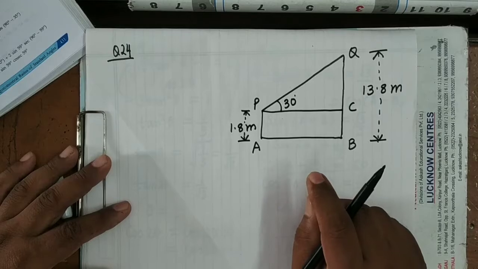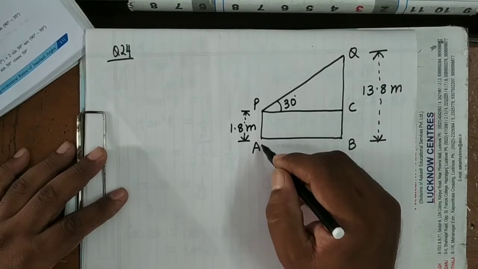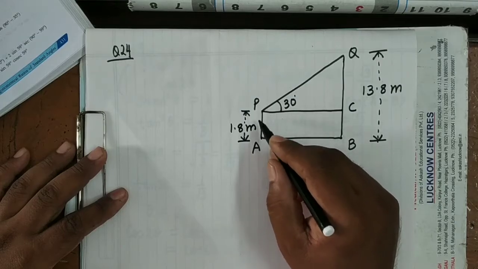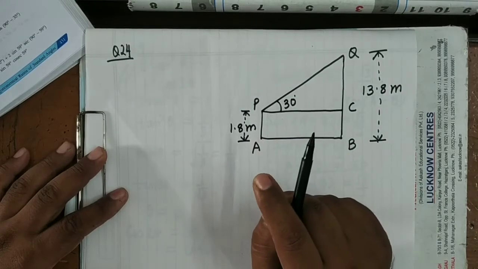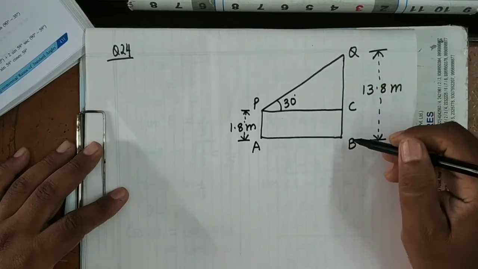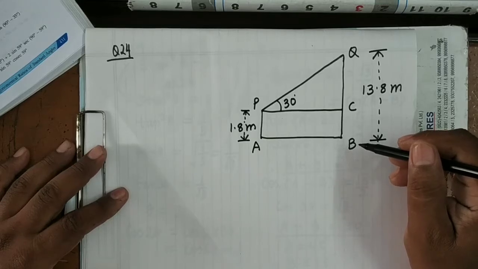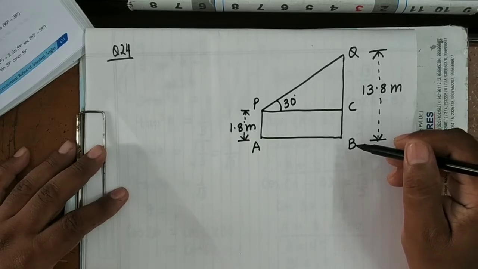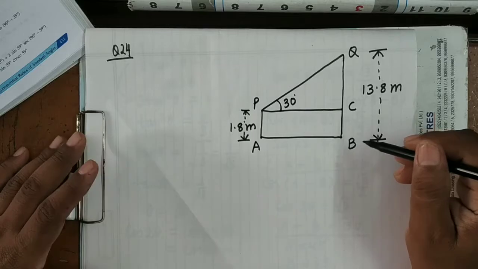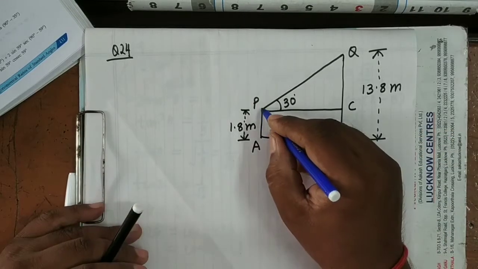Now you can see here in the adjoining diagram, AP is a man whose height is 1.8 meter, and BQ is a building of 13.8 meter high. If the man sees the top of the building by focusing his binoculars at an angle of 30 degree, the man is focusing the binoculars in this direction.